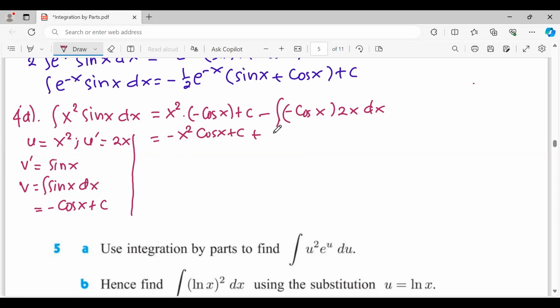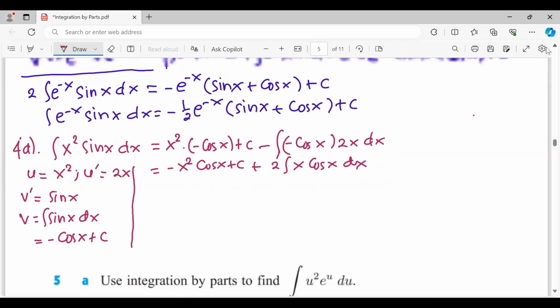plus 2 times the integral of x cosine x dx. So for the second integration by parts, I'm going to find it here, especially for this integral.